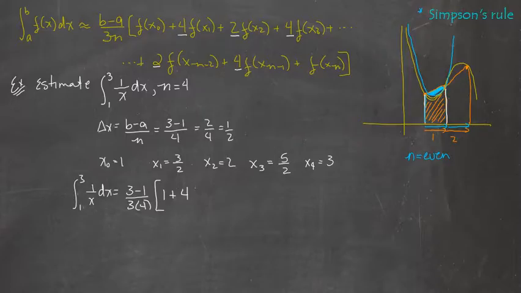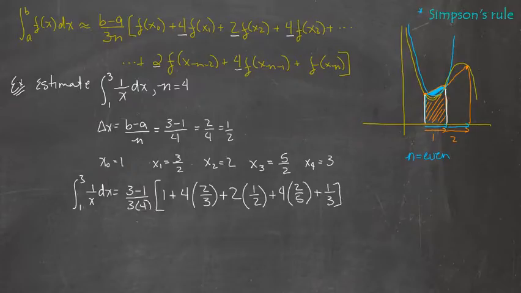So 4 times 1 over 3/2, which is just 2/3, taking the reciprocal, plus this time 2 times 1 over 2 is 1/2, plus this time 4 times 1 over 5/2, which is 2/5, plus, and this is our last term, so we won't be multiplying anything in front, and I'm just looking at 1 divided by 3.